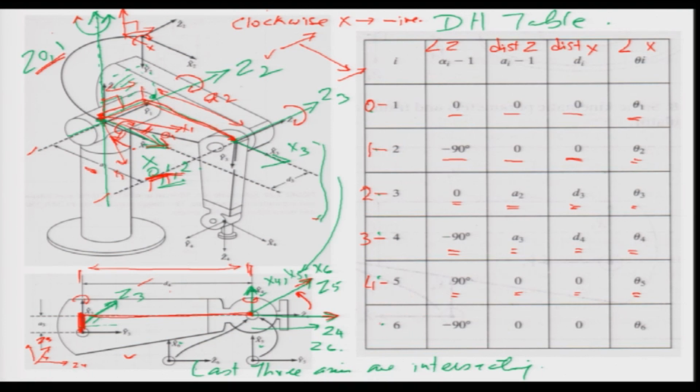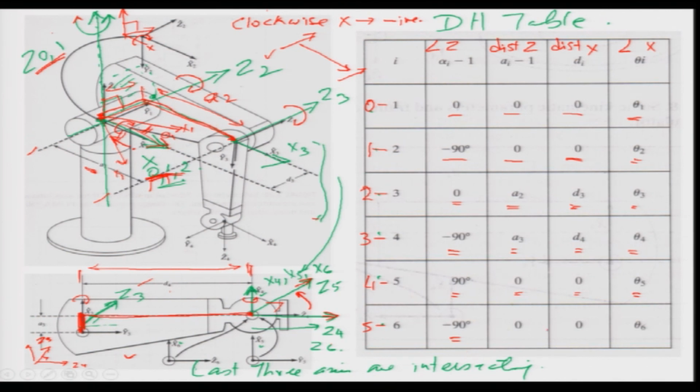Now, moving on to the last link, that is 5 and 6. So, if you look at the 5th and the 6th, Z5 is in this direction, and Z6 is this way. It is along the Z4. So, again there is an angle of 90 there, but now if you see the rotation is clockwise about the x. So, this Z5 rotates clockwise about the x axis and becomes Z6, and hence this is a minus 90.